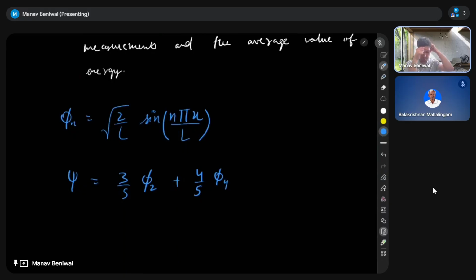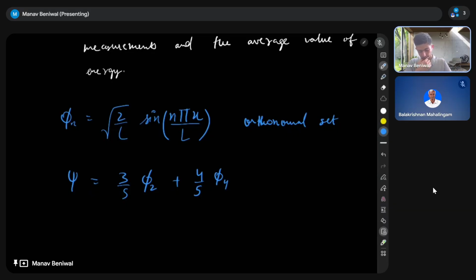Now these phi's are orthonormal, so these are orthonormal sets. And therefore, if I do psi squared, I'll have 3 by 5 squared plus 4 by 5 squared, which is 1. So psi is normalized.